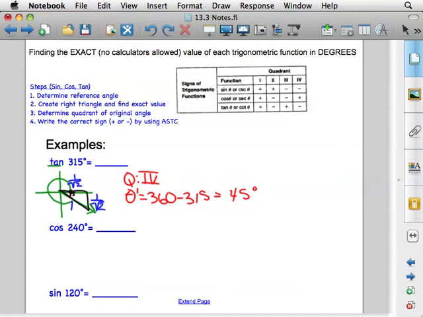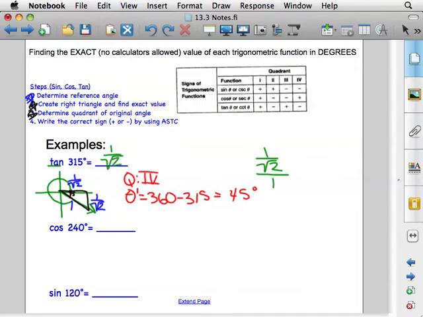So we've done step 1, we determined our reference angle, and we've created the right triangle inside of it. Tangent, remember, is opposite over adjacent, but here we have 1 over radical 2 over 1, so this is really just 1 over radical 2.